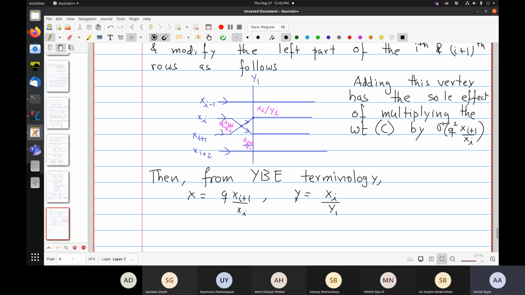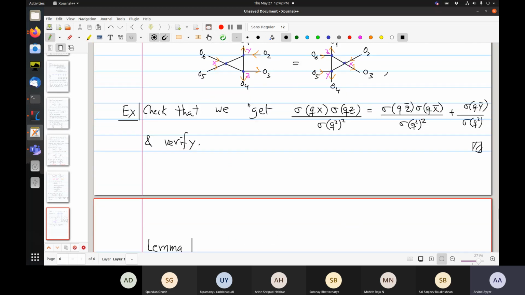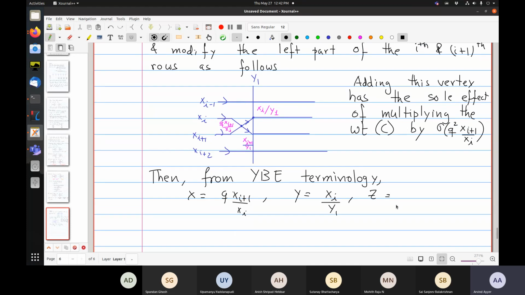I hope that will not cause any confusion. This x and y are from the Yang-Baxter. And z is not xi plus 1 by y1, because it's in the wrong location. Remember, z should be on this side, so I can fix that by taking y1 by xi plus 1, so that xyz is indeed q. Okay.